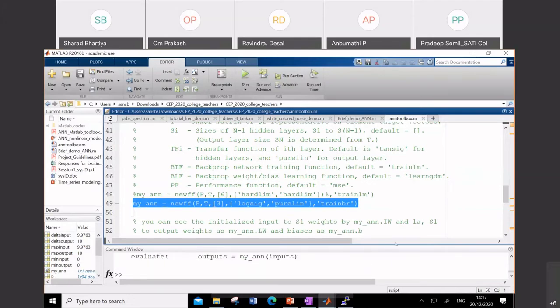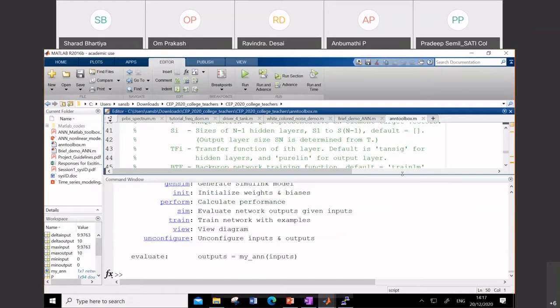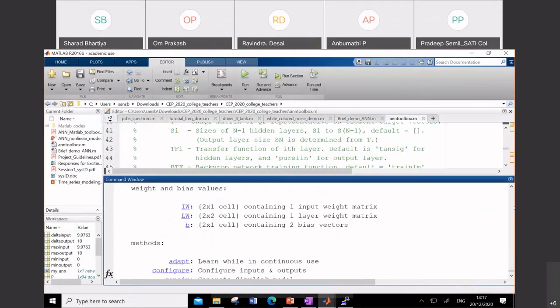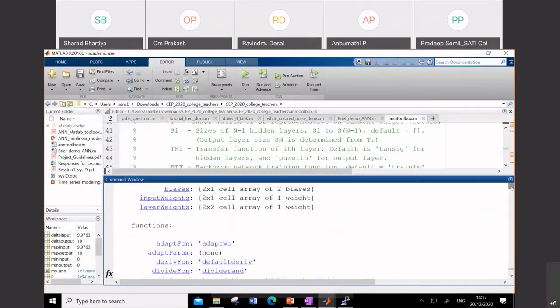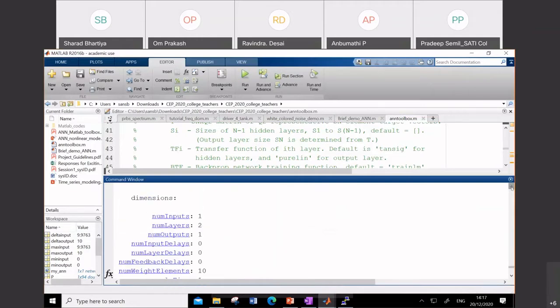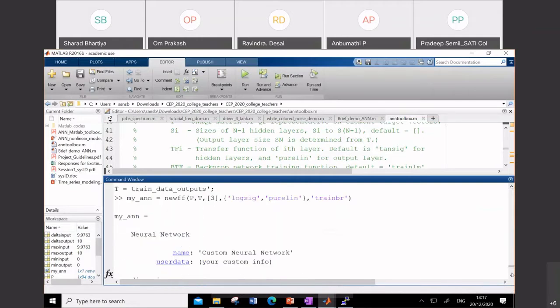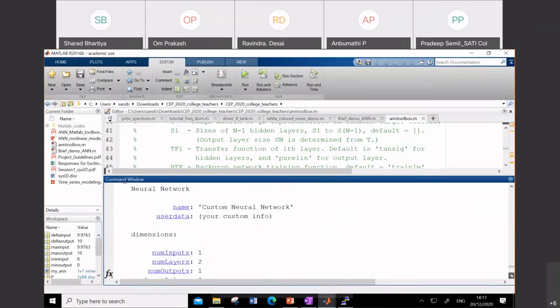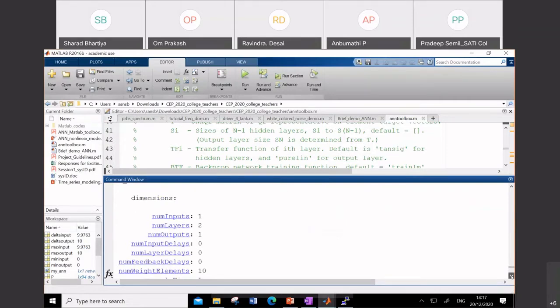So you see, I have already created my ANN object and it is shown. Some parts I have specified, others it has put in as defaults. You'll see that it gives you access to a lot of options. In this case, number of inputs is 1, number of layers is 2, and number of outputs is 1. You can put delays.